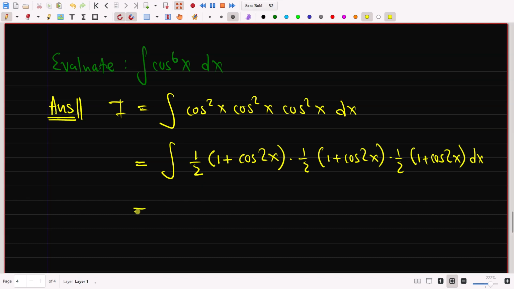Then now what we need is to expand this guy. You see that? So we have to expand this guy. So what is the expansion of this guy? So it's going to be integral of what? So let's expand.